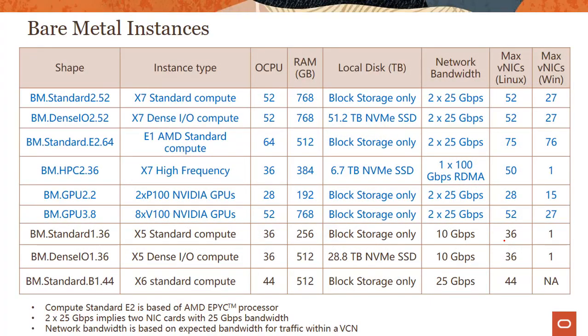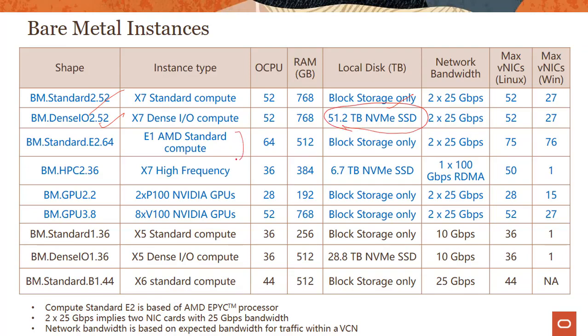Now, these are the different shapes which are available today in Oracle Cloud Infrastructure. And the best place to check this, because this information keeps changing all the time, is the documentation site. But you can see some shapes here, starting with standard shapes, which have only block storage. You have dense IO shapes, which have local storage. So you can see a big amount of local storage here.